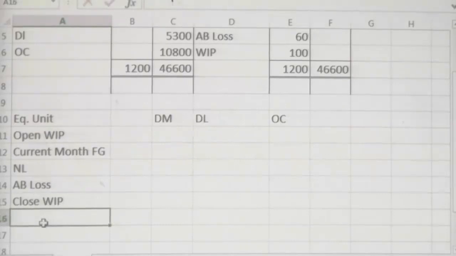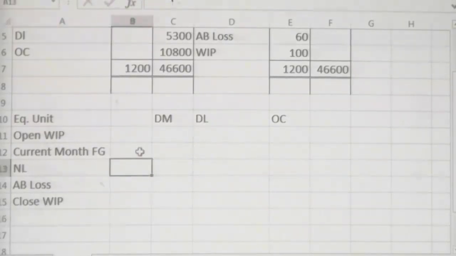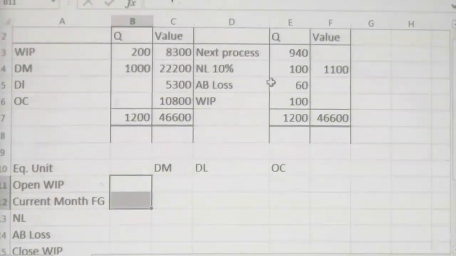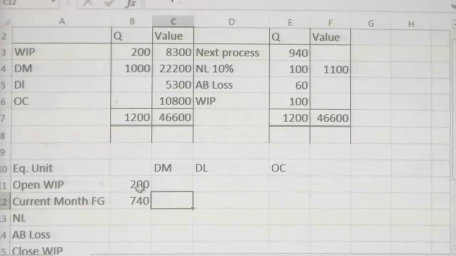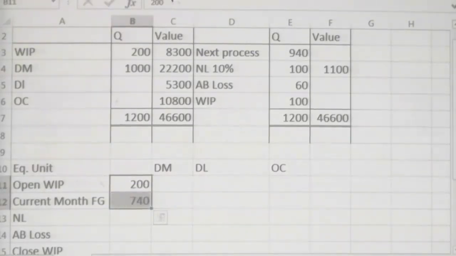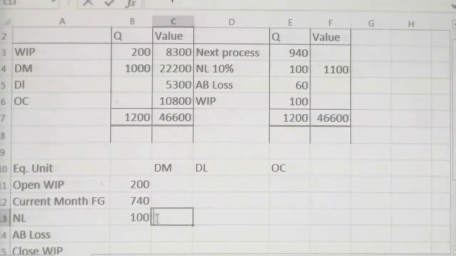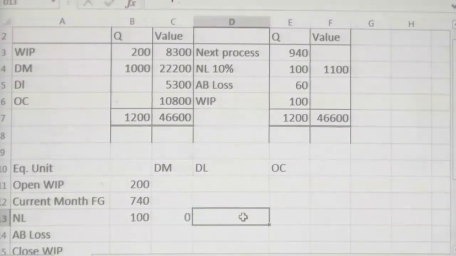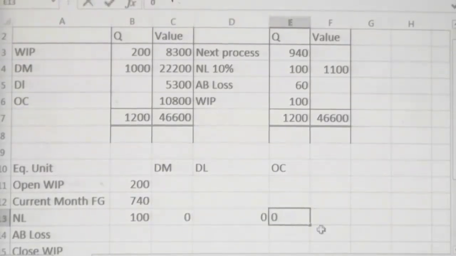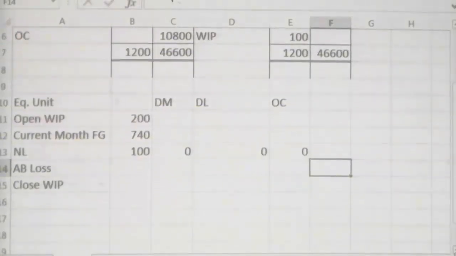Quantity wise, total finished good is 940; opening you had 200, therefore current month you completed 740. Then normal loss 100, but you do not consider normal loss in the equivalent units, therefore you take 0 in the equivalent unit statement, because normal loss will be included in the finished good.